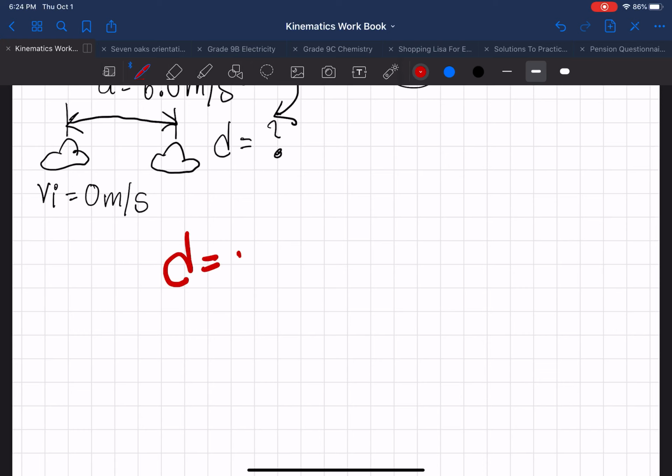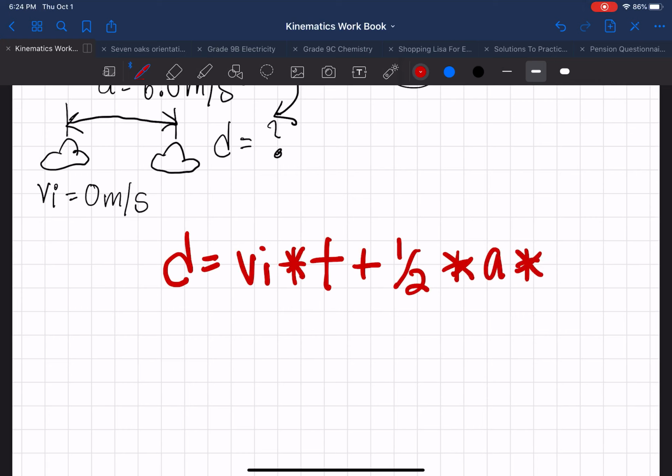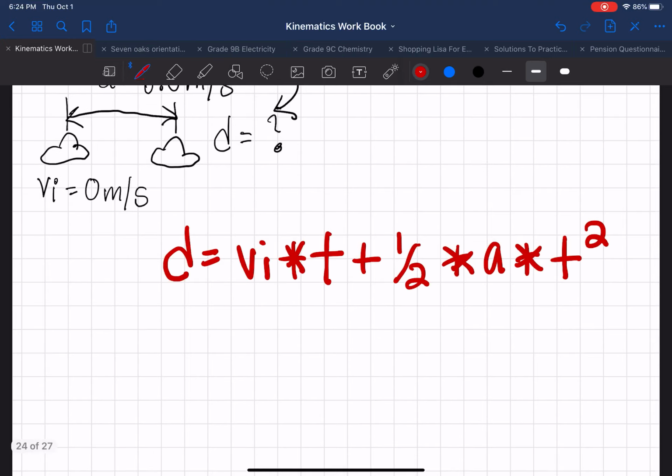d equals initial velocity times t. I like to sometimes identify my times with a star so you don't get confused with an x, because sometimes I use my x's to show different variables. But here, this is a multiplication. So it's initial velocity times t plus 1 over 2 times a, acceleration, times time squared.